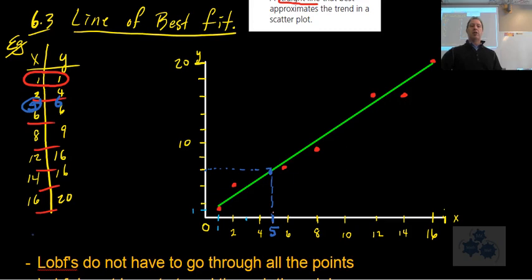Extrapolation would be something like, well, let's find out what 18 is, or 17. Let's go 17. So 17 is outside of the data. Notice the line of best fit starts and ends at the first and last point. It doesn't actually stretch beyond, technically.